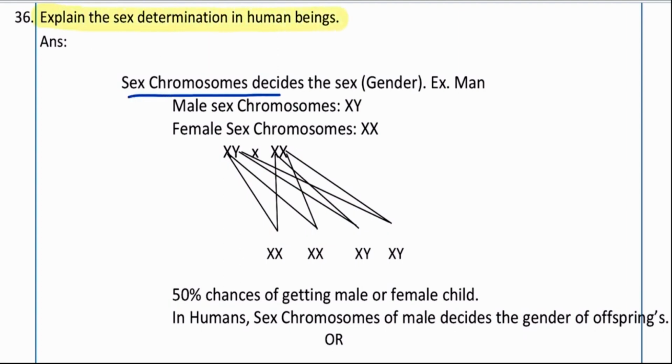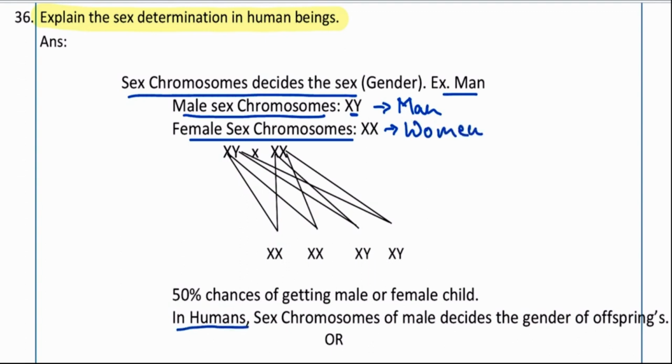Sex chromosomes decide the sex. For example, man. Male sex chromosomes are X and Y, present in man. No need to write because there is already male. And female sex chromosomes are XX, which is in women.